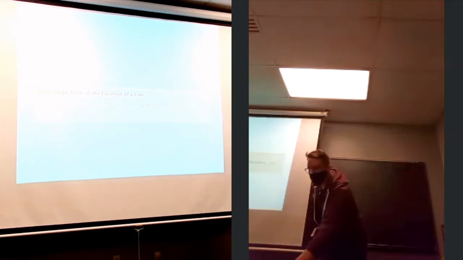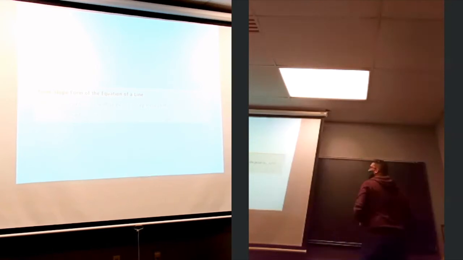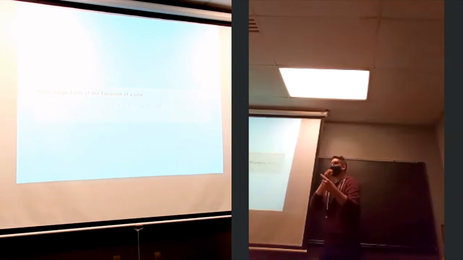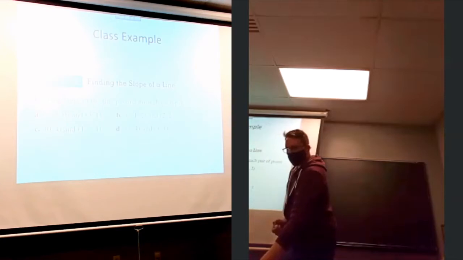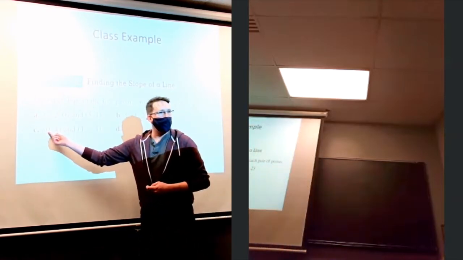Awesome, cool. All right, so this brings up the point that I wanted to make next about point-slope form of the equation of a line. What it tells us is that knowing just the slope and a single point on our line is enough to give us the entire equation of our line. So before, in that example, we took advantage of the fact that we had the intercept, right?